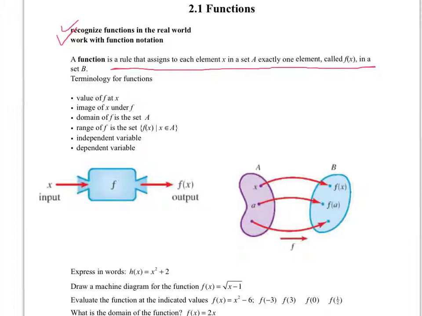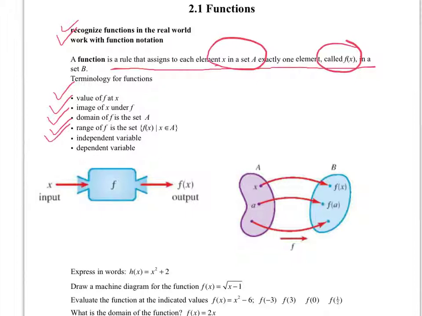So these different terms for functions are some things that you should know: the value of f at x, the image of x under f. The domain of f is the set A that contains the x's, and the range of f is the set of all f of x's whenever x is in A. So here's an f of x, and if that x is in the set A, then f of x is in the range.